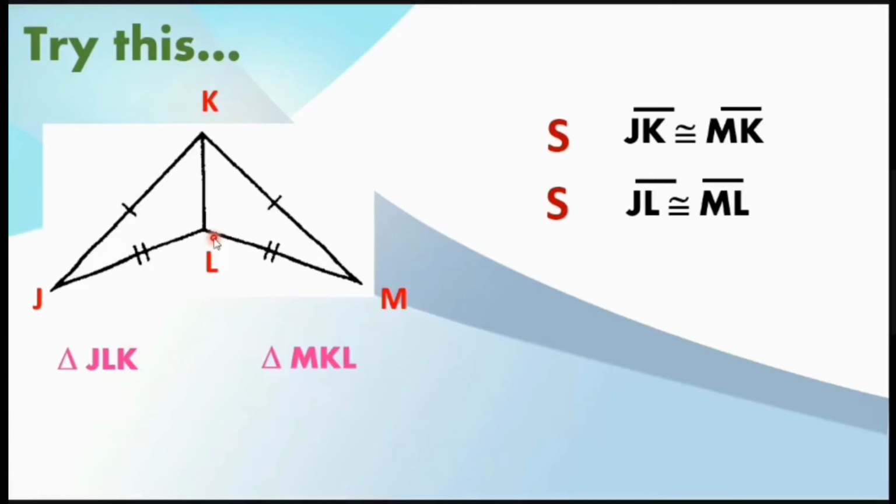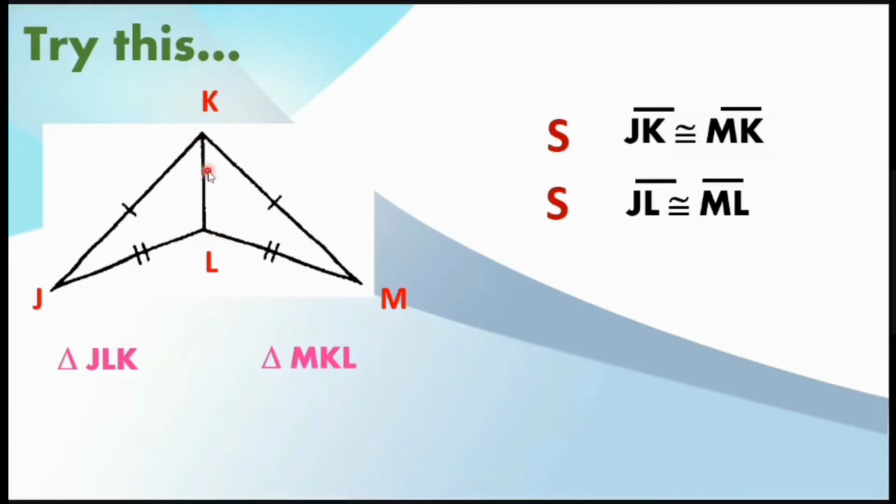How about the third pair of corresponding parts that are congruent? By simply looking at this illustration, we can obviously say that this side KL of the two triangles is actually a shared side, meaning this is part of triangle JKL, and this is also part of triangle MKL.